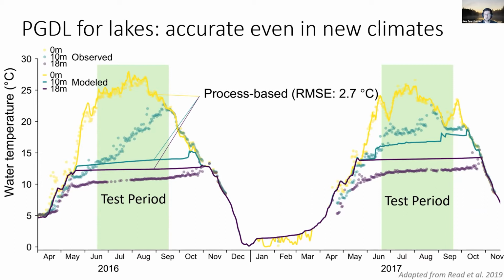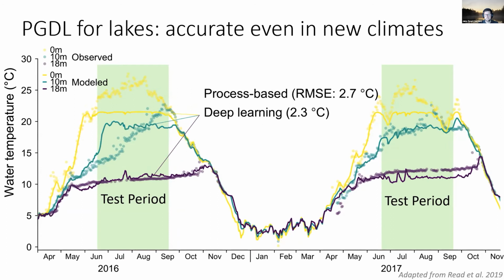You can see it does a pretty good job of capturing surface temperature dynamics, even during these unseen periods during the summer. It might be a little bit faint, but the yellow line is matching the yellow observations quite closely. It doesn't do as well lower down in the lake. The green line is far off from the green observations, same with the purple line. And the overall RMSE is 2.7 degrees centigrade.